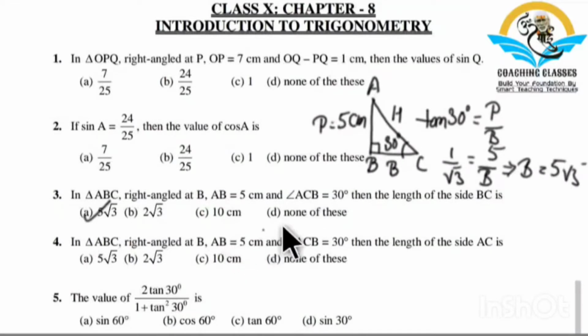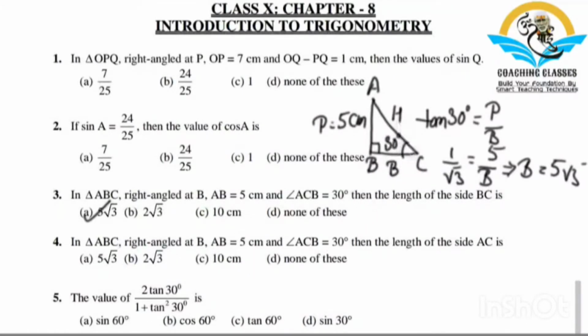Similarly, question number 4, in a right angle triangle B is right angle, AB is 5 given, ACB is 30, you have to find the length AC. Here you have to calculate AC, means hypotenuse.